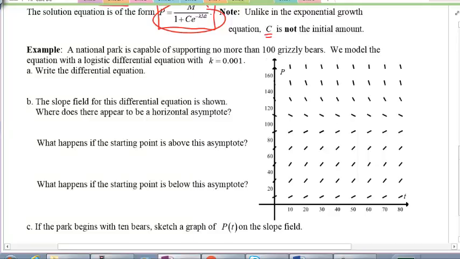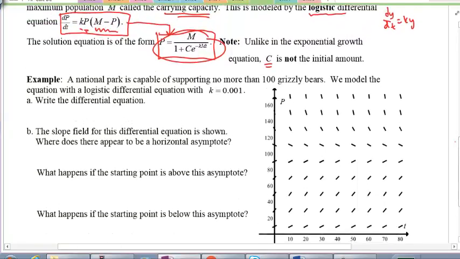So if I ask you to quickly just write the differential equation, you're looking up here now and saying, okay, let me use this differential equation, dP/dt, and the k value here is 0.001 times P, and P is your variable. And then because we know that there's no more than 100 grizzly bears, the M value is 100. So there is my logistic differential equation.